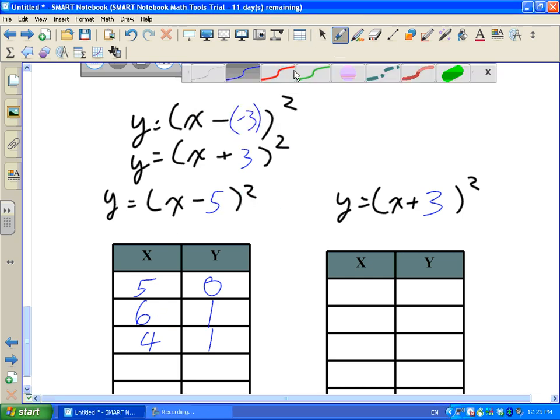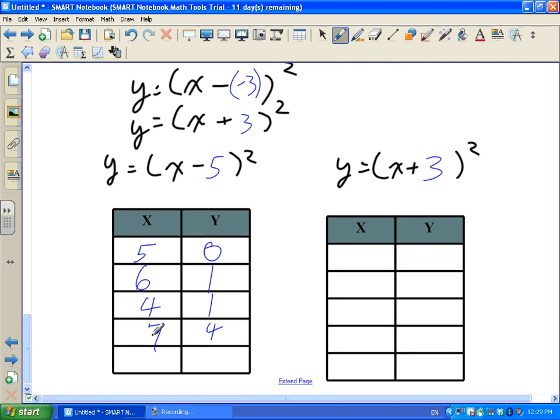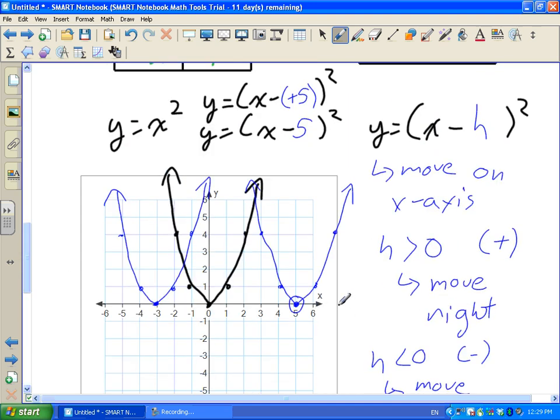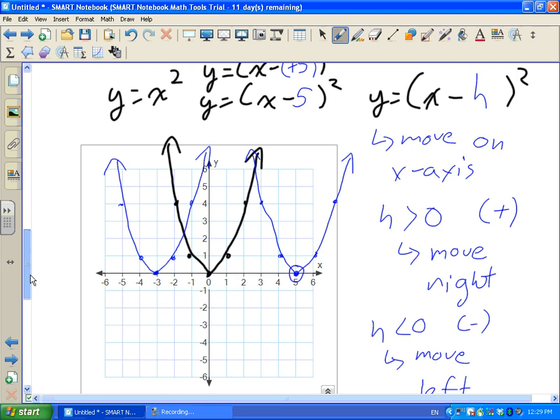So if this is 7, 7 subtract 5 is 2, 2 squared is 4, and let's say this was 3. 3 subtract 5 is negative 2. Negative 2 squared is 4. If we go take a look at those values, we don't have a 7, but if we did, it'd be at 4, and 3 and 4. We have our points along the graph. The entire graph has been shifted to the right 5 units.